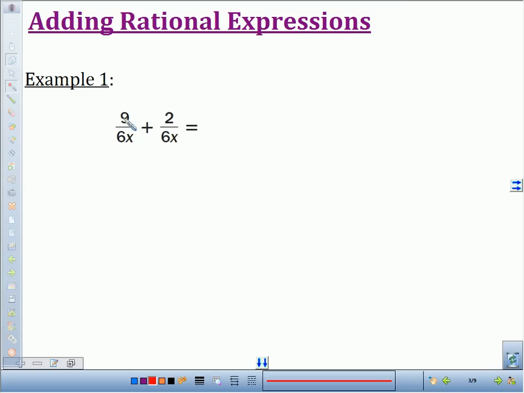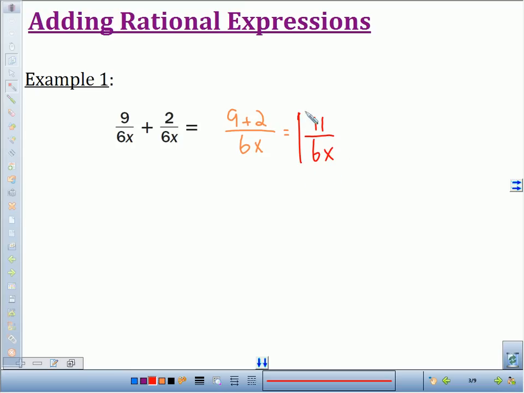If we look at example 1, I have 9 over 6x plus 2 over 6x. I simply add the two numerators and put them over the common denominator. So this would equal 9 plus 2 over 6x, which of course equals 11 over 6x.